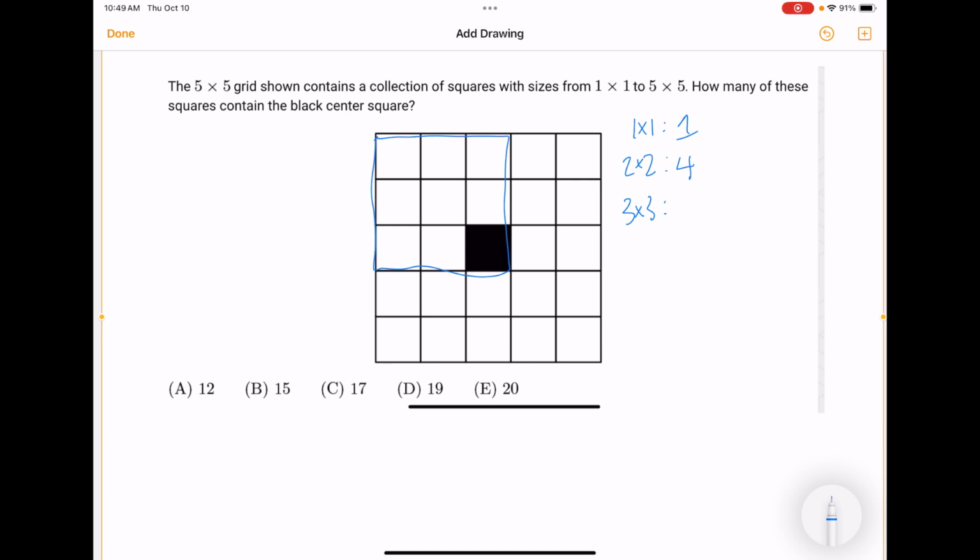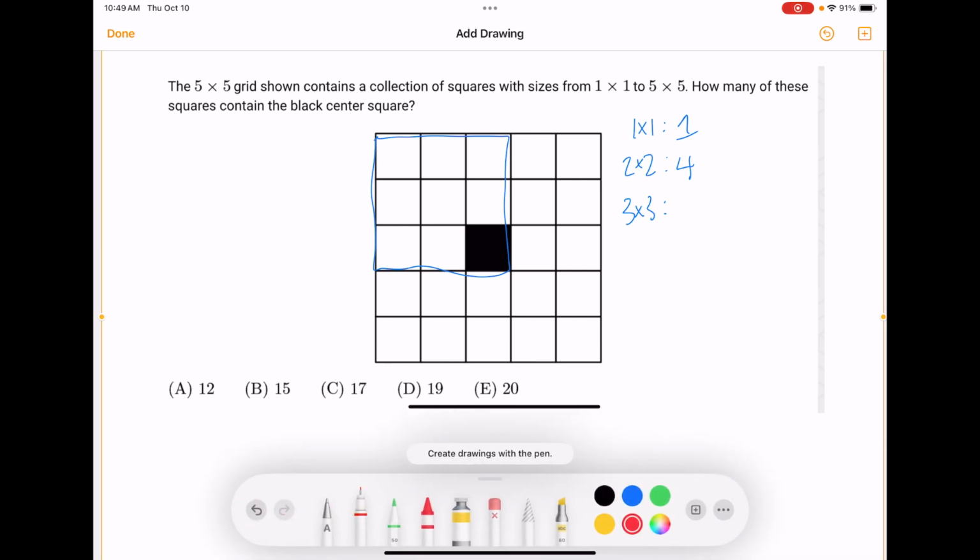We already have 1 square right there, and then move over 1 to get this square. That's also a 3 by 3, and that also contains the black square. Then move over another 1 to this square. And that's it for that line, because if you move to right here, there'll only be 2 squares.